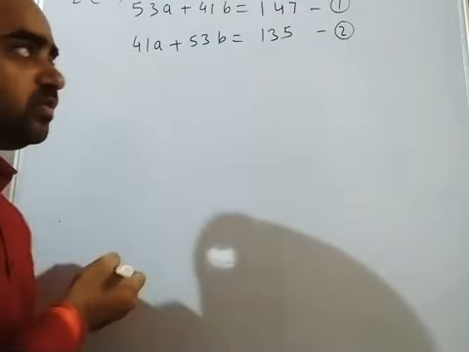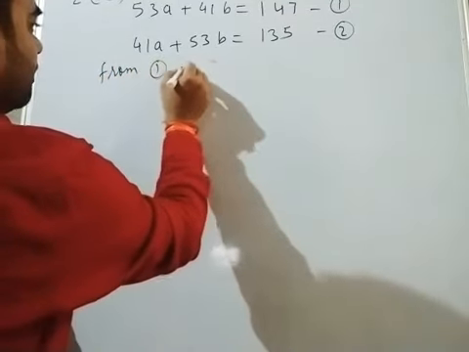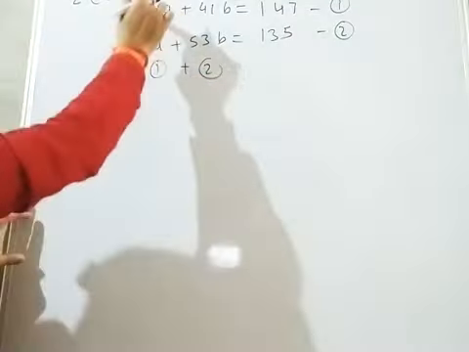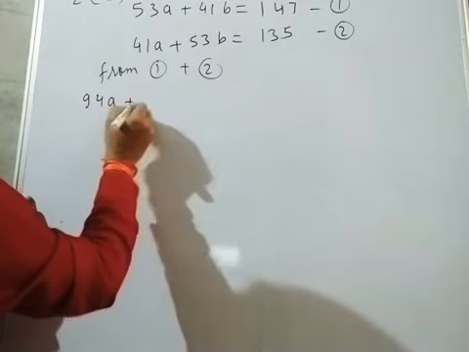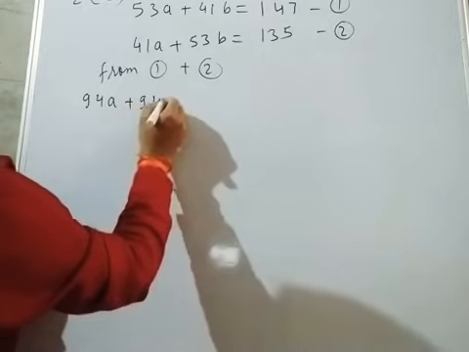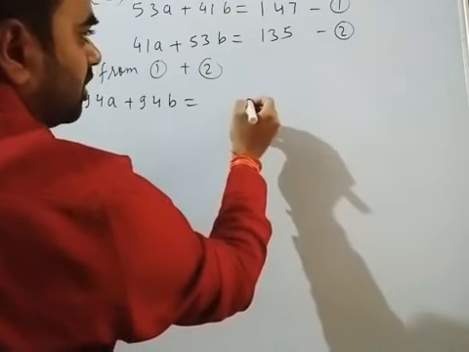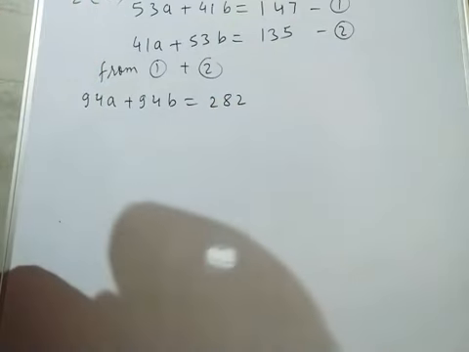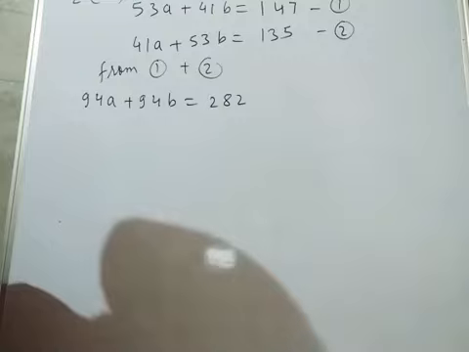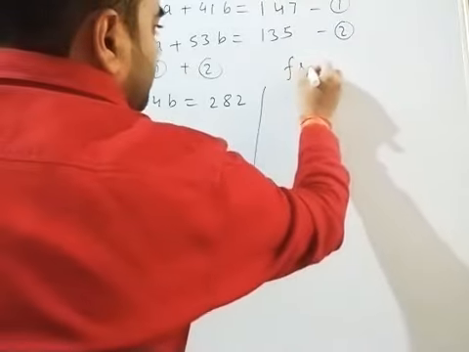Now we are adding both the equations. When you add, this will become 94a plus again 94b is equal to 282. Correct? Now similarly subtract both the equations.